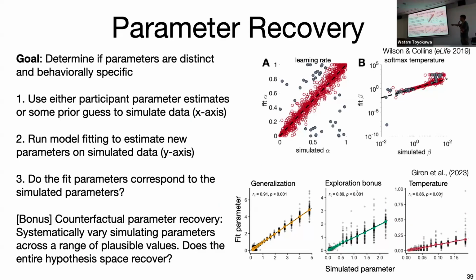So the ideal situation here is that we get really strongly correlated parameters, right? Here we have a situation where we're quite confident that the alpha we put into the modeling procedure will also correspond to the alpha we get back out. This is slightly less good for beta, but I think this was a relatively simple bandit task.